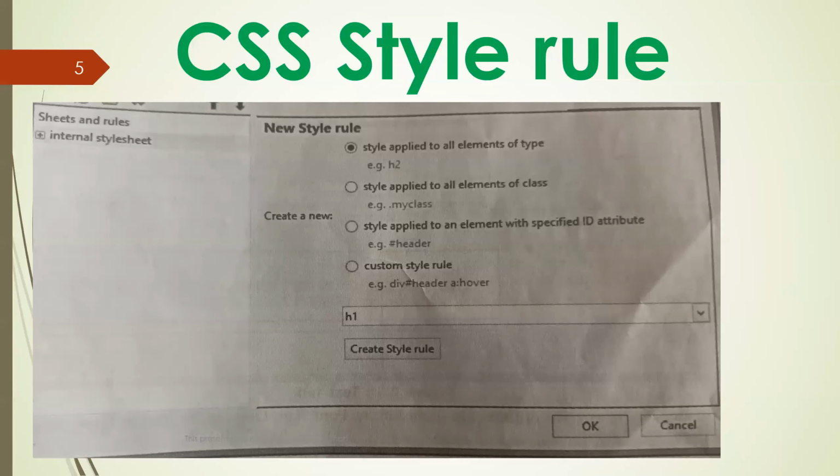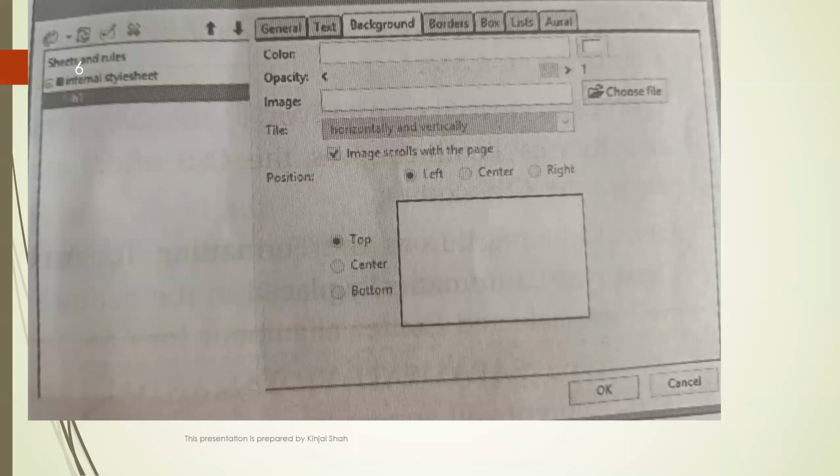This is the slide which has all the rules of CSS, so you can review this page in your textbook and have a look at it. Here you can select any of them, whichever position you want: left, center, right, top, center, bottom. These are radio buttons, which we studied in chapter 1. I guess you are all clear with radio buttons now. You select which one you want.